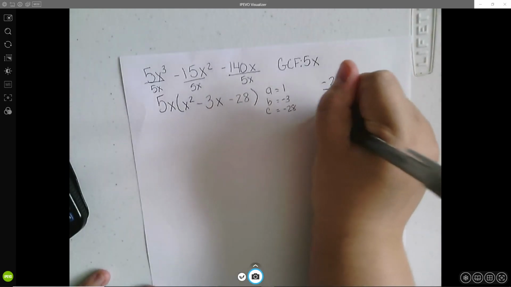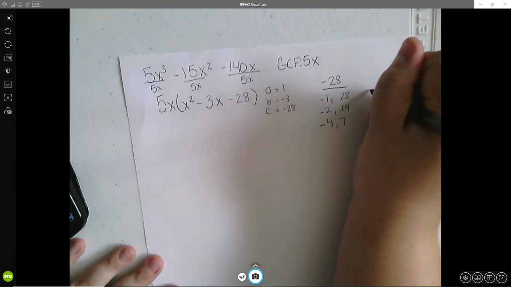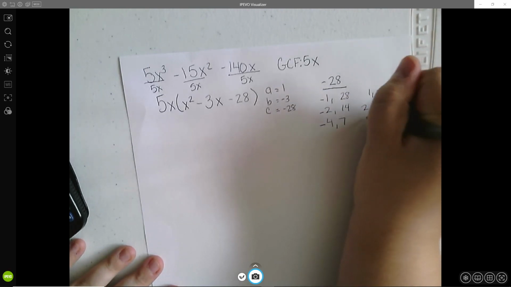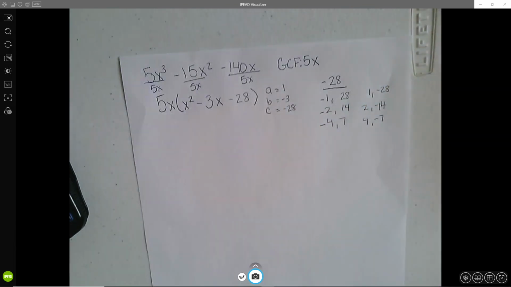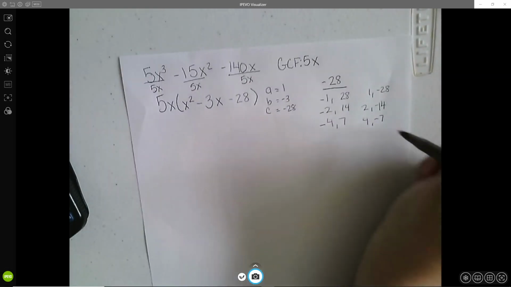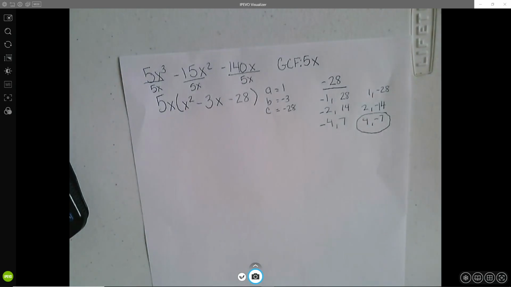Okay, my first set, I'm going to have my first numbers be negative. On my second one, I'm going to have the second set. I'm looking for which ones give me a -3. If you see it right away, like I know 4 and -7 are going to give me a -3, you don't have to check all of them.